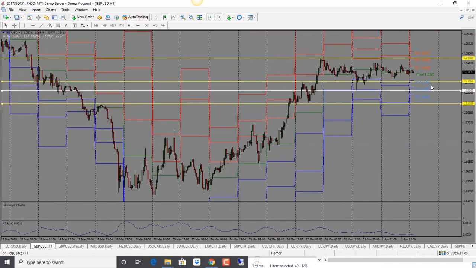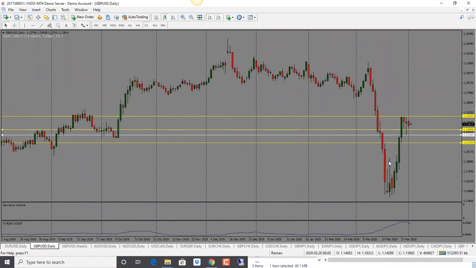I am looking for price to drop, but let's say price does not drop below this level, which is 1.23, then we could get a further move to the upside, because this will be our bullish flag and we could see price go further. That's why this level at 1.2300 is very important. So right now, bias is to the downside, but with caution on pound dollar as well.